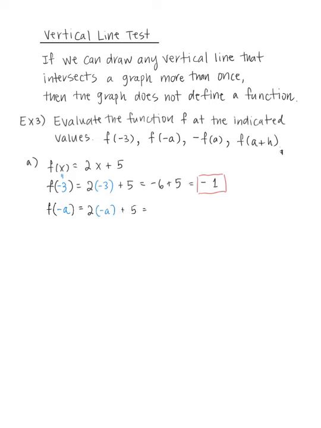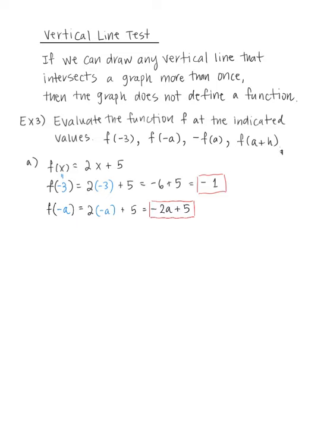Do not panic just because you don't see a number. Instead, you see a letter. So here what we're going to get is negative 2a plus 5. And you cannot simplify this any further. So this is going to be our final answer. All right, so now let's go with negative f of a.